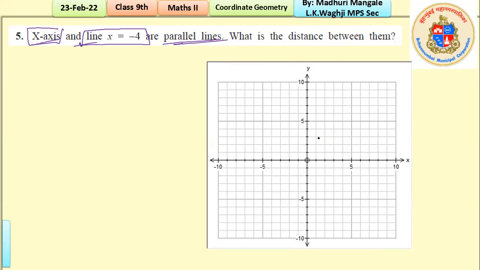So first, which are the two lines? The x-axis and the line x equals -4. Where is the x-axis? This one is the x-axis. And the other line is x equals -4.